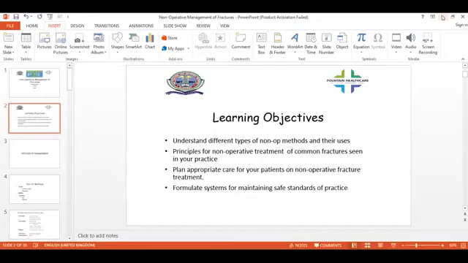Very good question. Number one, let's say you are in the best centers where you have all the tools to fix that particular fracture operatively, and it's going to take you 6 hours or a day to go to theater. Please be aware that you still need to apply non-operative treatment of this particular fracture before you do surgery.